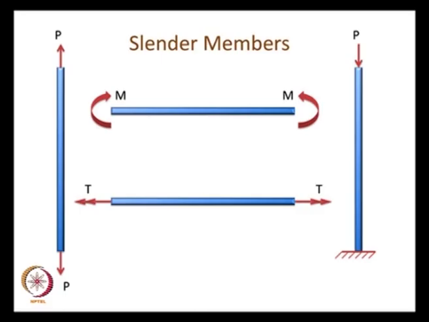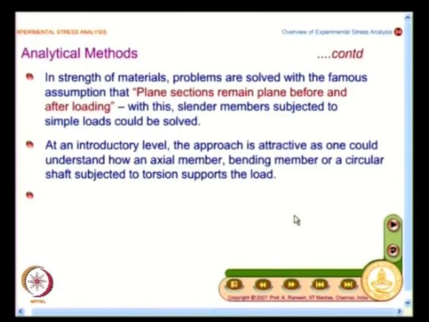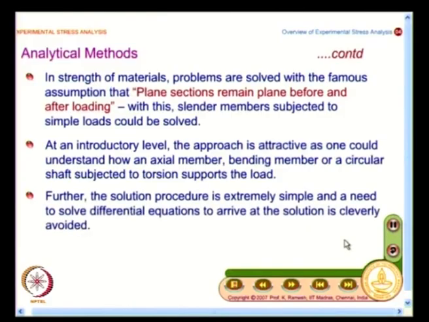So in pure torsion you only talk of a circular shaft subjected to torsion. Suppose you have a rectangular shaft subject to torsion, that is shifted to the next course, it is not taught in the first level course, because we always want a very simplified approach to problem solving, and we have cleverly avoided solving differential equations.